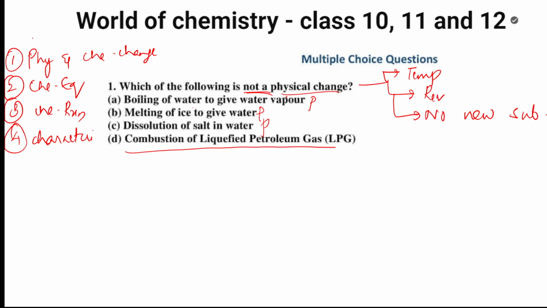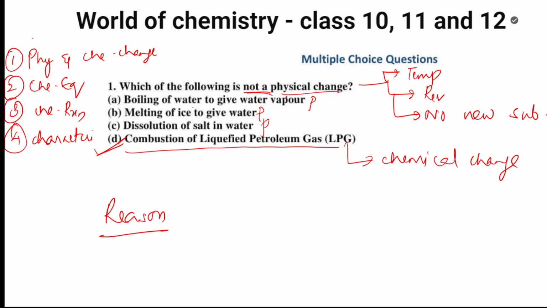Combustion of liquid petrol: this is a chemical change. So the option which is not a physical change is the last one. What is the reason? Combustion means burning. Whenever you heat any fuel, combustion forms a new substance, and this new substance is irreversible.